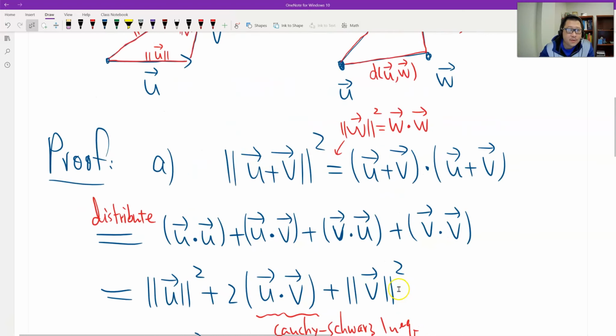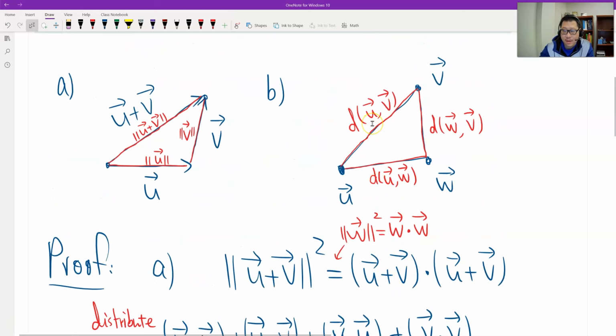So this is the proof for A, and then we look at the proof for B.